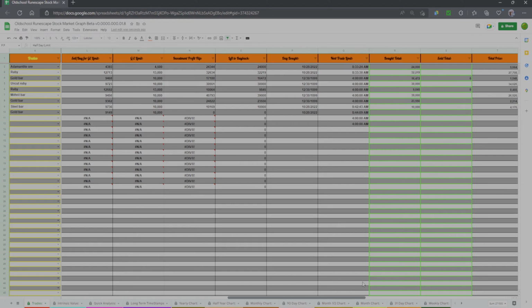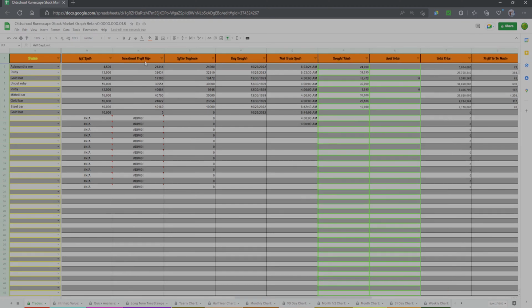And then for an investment flip, which I need to highlight. Okay, I understand this one. So basically, if you sold a whole bunch at once, this is how many you should buy back if you want to get back your items, plus more.